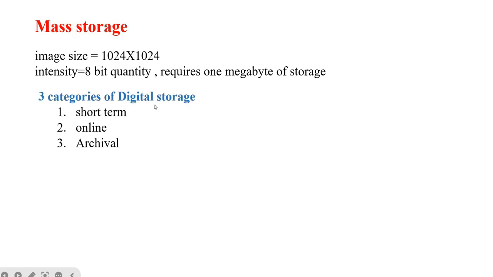So here there are three categories of digital storage for image processing applications. First one is the short-term storage, which is used during the processing of the image. Second is the online storage, which is for relatively fast recall, and third is archival storage, that is characterized by infrequent access.